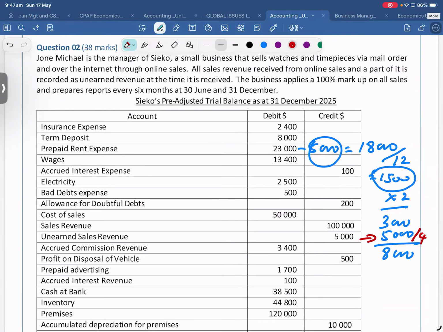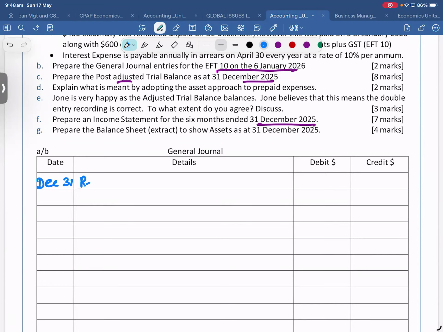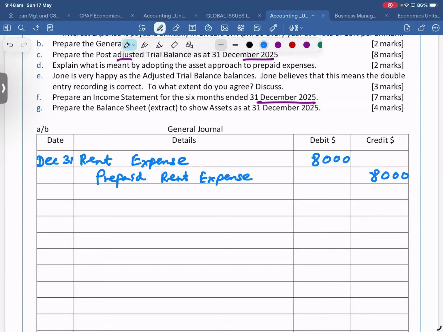So December 31st, rent expense 8,000, and prepaid rent. You have to use the same term that is used in the question as well. Prepaid rent expense 8,000. Okay.